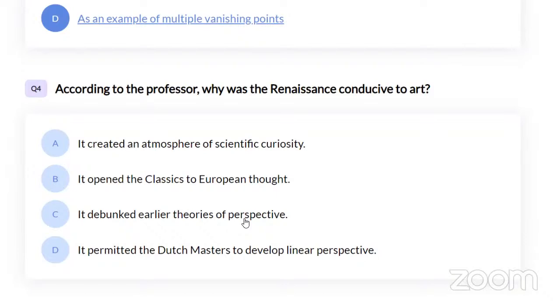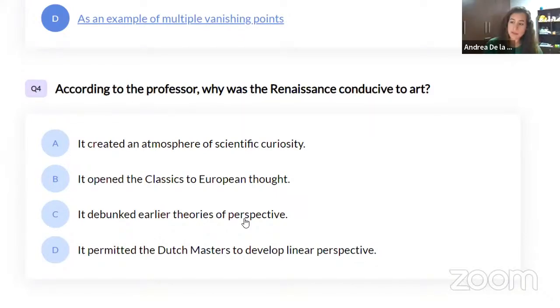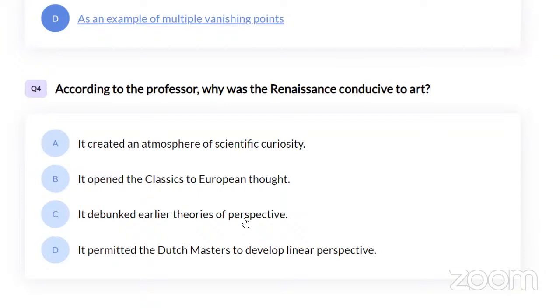Letter B. Letter D, it permitted the Dutch masters to develop. B. Oh, it opened the classics to European thought. Okay, are you sure? European thought? I don't know. They mentioned Europe, but I don't guess.